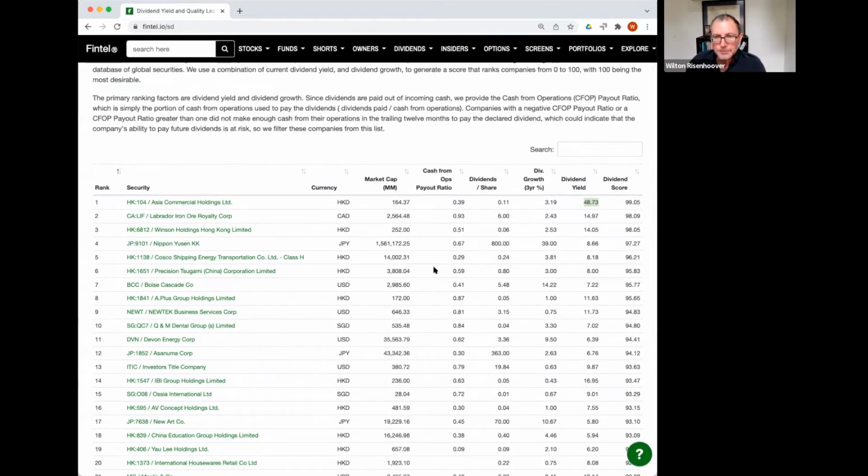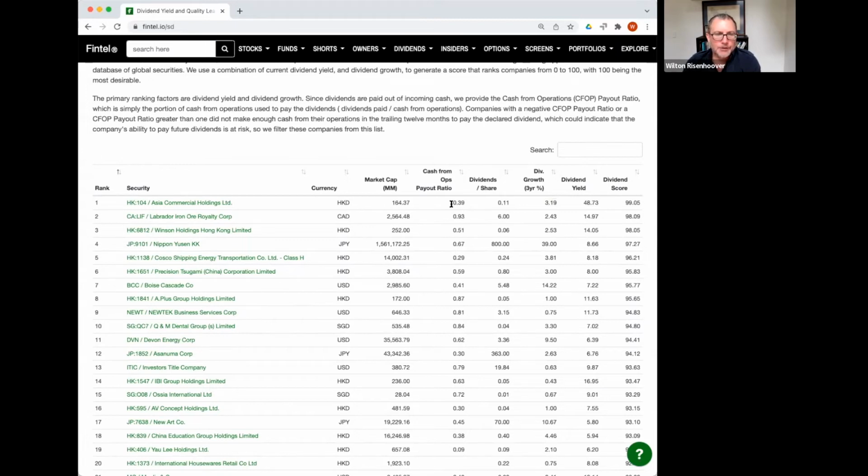So we look at the dividend yield, we look at the 3-year growth, we look at the cash payout ratio. Typically the traditional payout ratio is the net income per share, earnings per share. It's the percentage of earnings per share that is used to pay out the dividend.